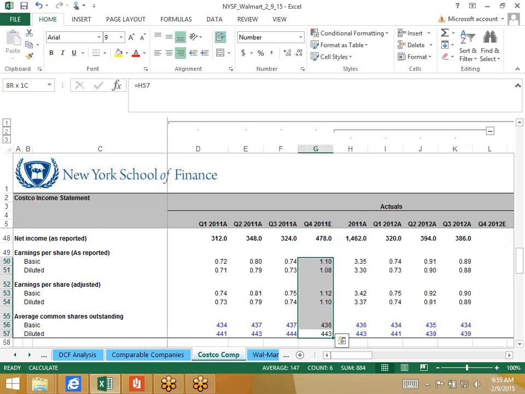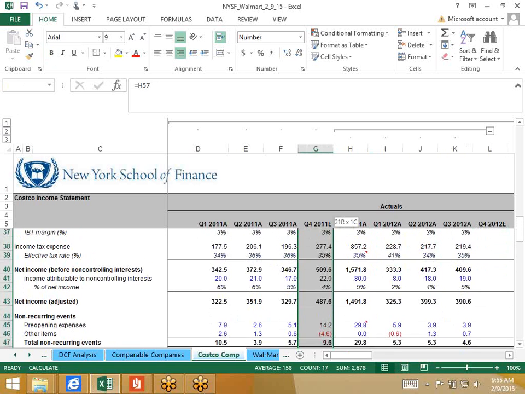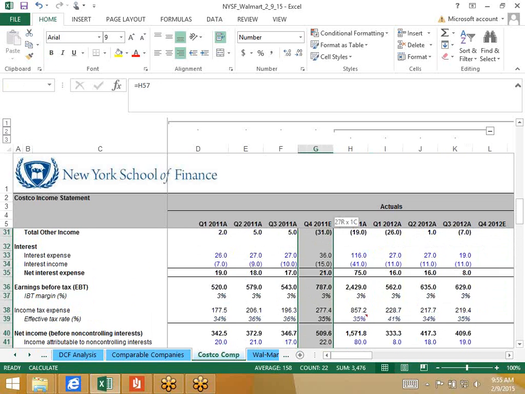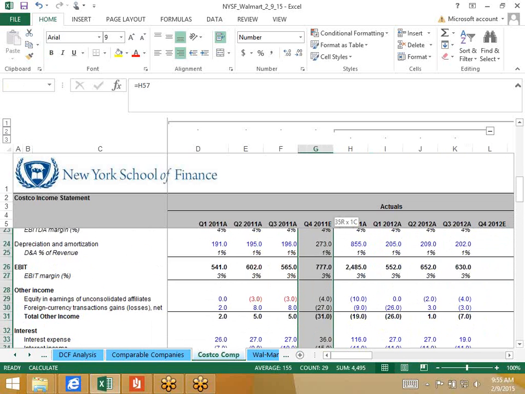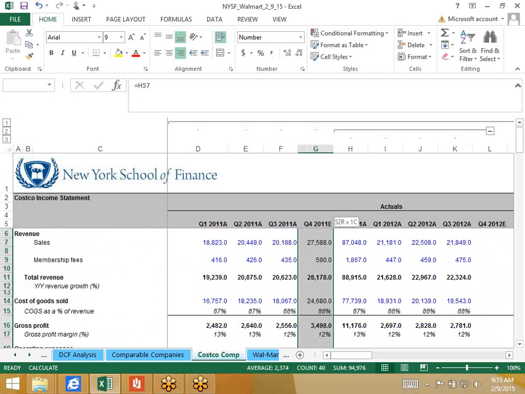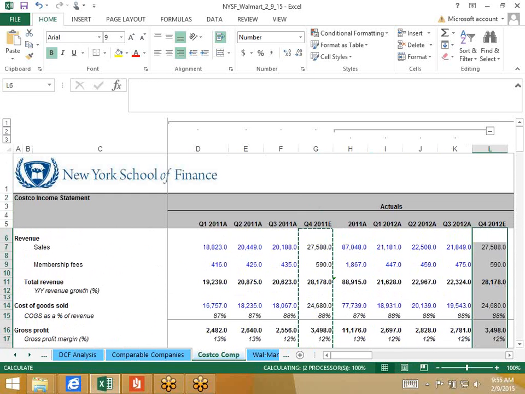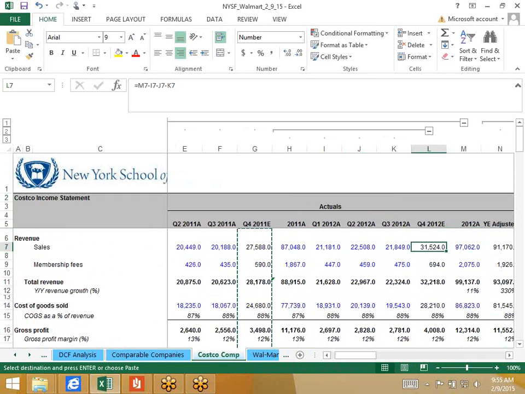These are all formulas, in the same format, so you can just take this whole column, copy it, and paste it here for Q4 2012. Same idea. So we now have identified each individual quarter.